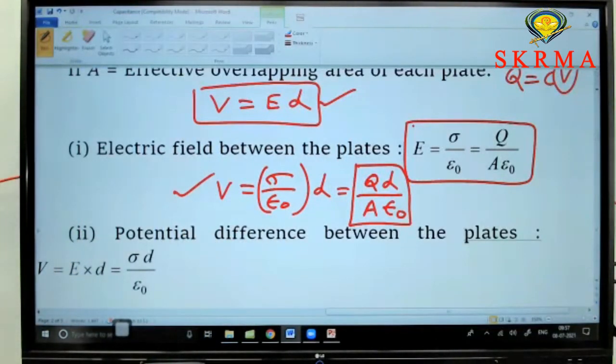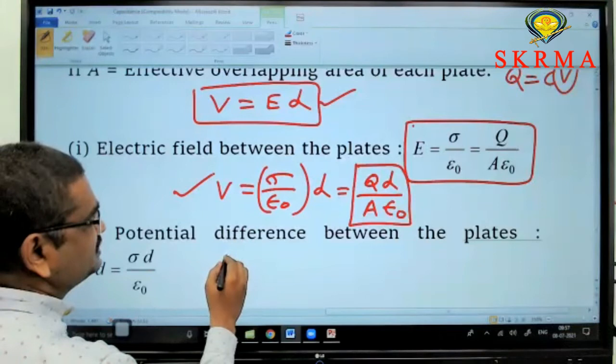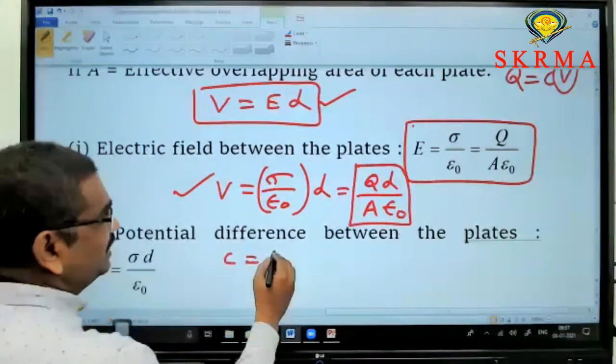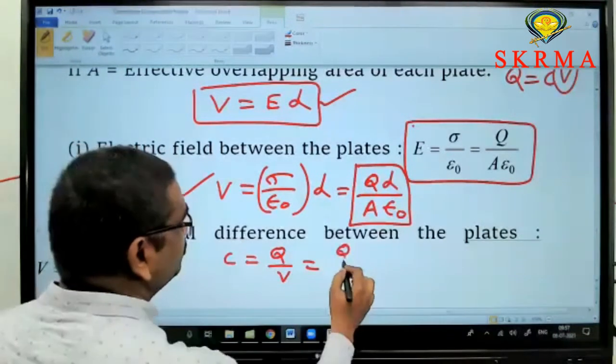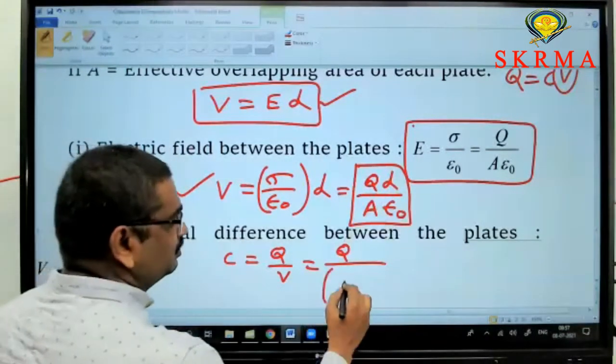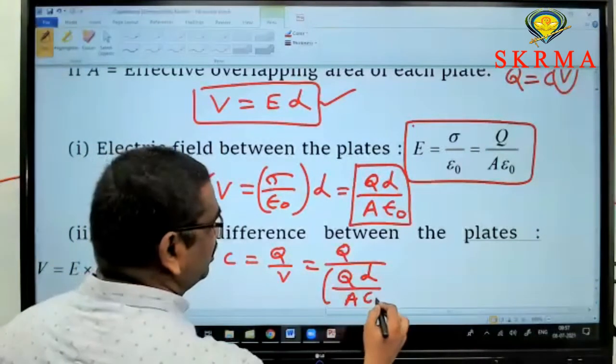Now, the capacitance formula. Q equal to C into V, so C equal to Q by V. Substitute the V value: Q by Q into D by A epsilon naught.